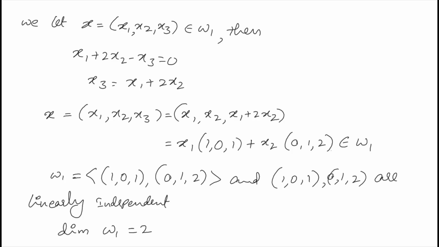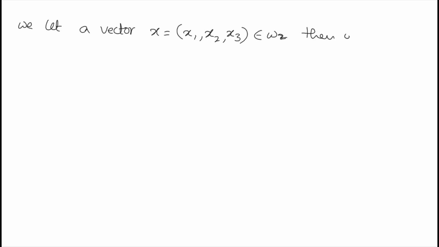Now for the dimension of W2, we again let a vector x, the ordered 3-tuple x1, x2, x3, in W2. Then by the given condition for W2, we have 2x1 plus 3x3 equal to 0. From this we can see x1 in terms of x3 as minus 3x3 divided by 2.